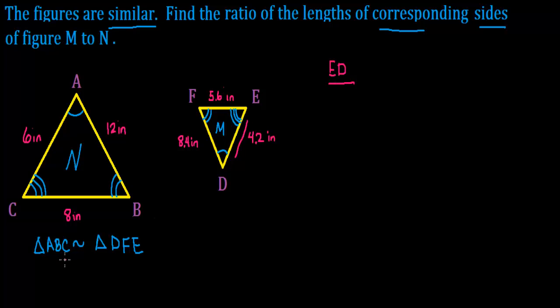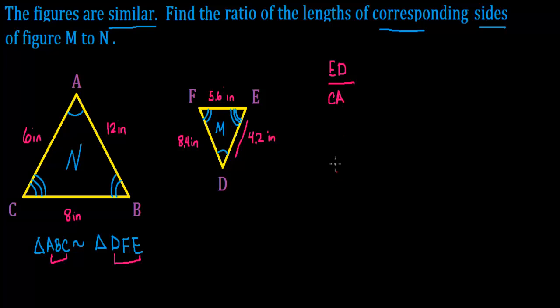Let's look at our set of letters here, and you can see that ED, the first and the third letter, make up the segment ED. So the corresponding side on this figure would be CA. Okay, and then CA right there is the side that corresponds with ED. So I'm going to write CA.